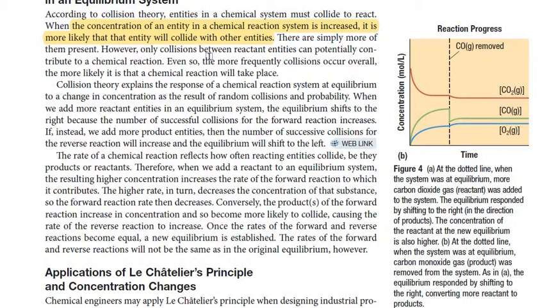So the forward reaction rate then decreases. Conversely, the products of the forward reaction increase in concentration and so become more likely to collide, causing the rate of the reverse reaction to increase. Once the rates of the forward and reverse reactions become equal, the new equilibrium is established.